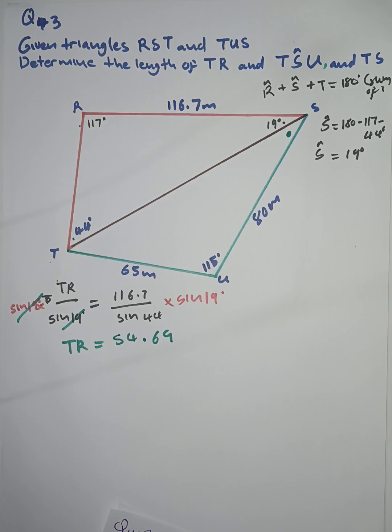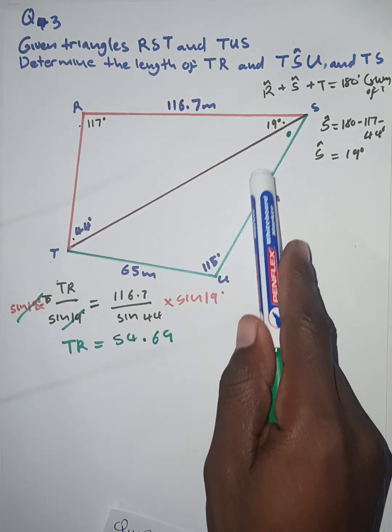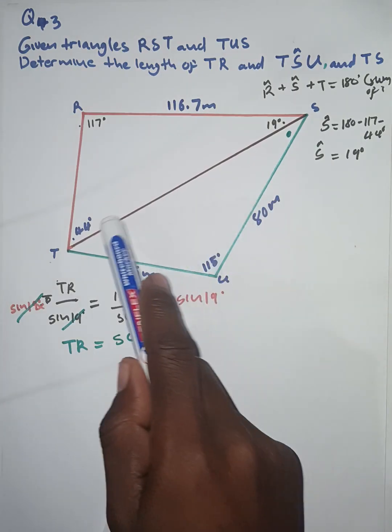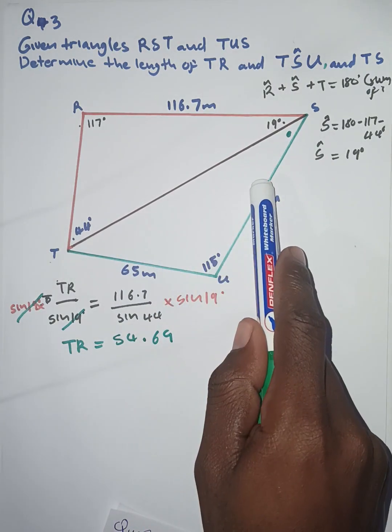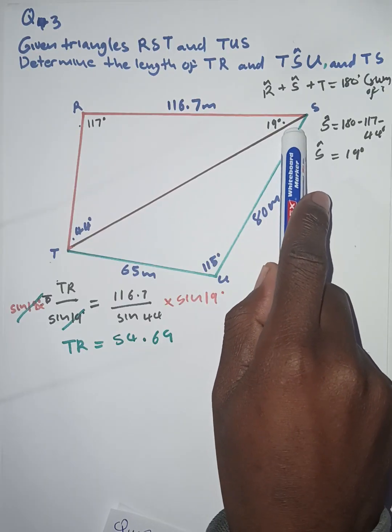So again, can we use the sine rule? You can see that we can't use that either, because remember the sine rule works in pairs. So that's one thing that you must note. So what I'm going to do is find that side first, because I would need it to find that angle there.